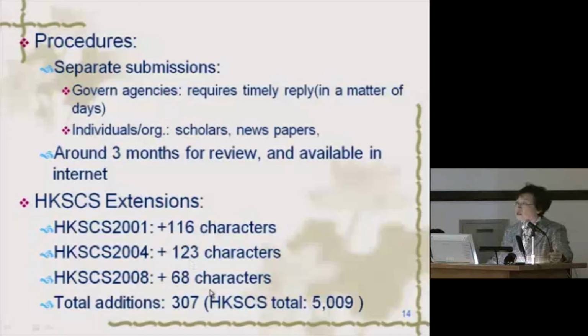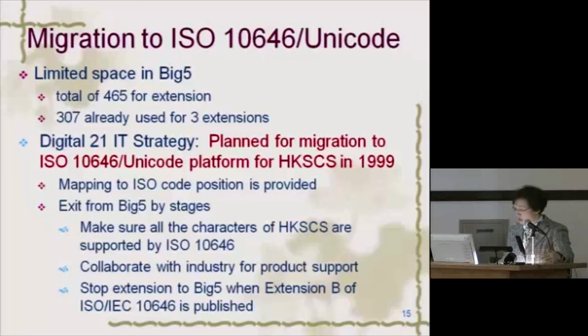So you can see that there is a trend for reduction because in this case, the period is longer, even though the number of characters is more. So there is a total of 300-some characters included in the latest version of HKSCS.